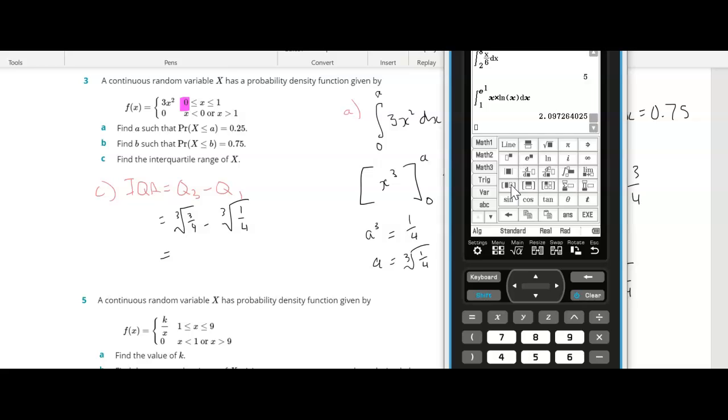All right, so I don't think I've ever done a cubed root on the calculator before, so I might just do to the power of a third. Save me wasting time on the video trying to find the right button. To the power of 1/3. I'll just change this to decimal.